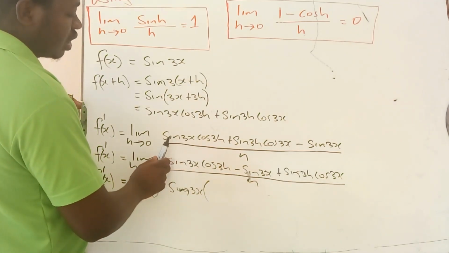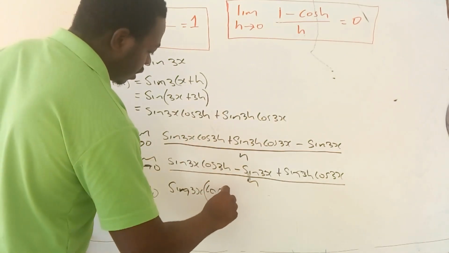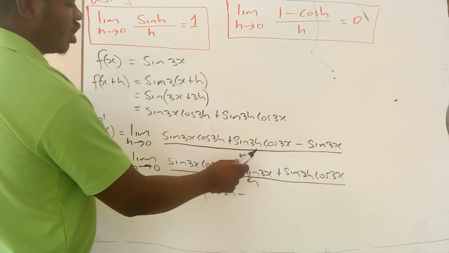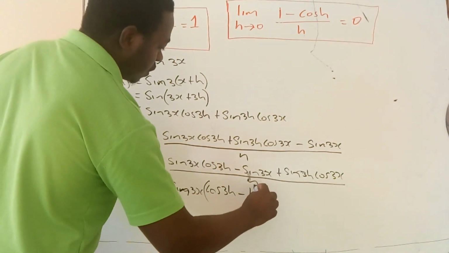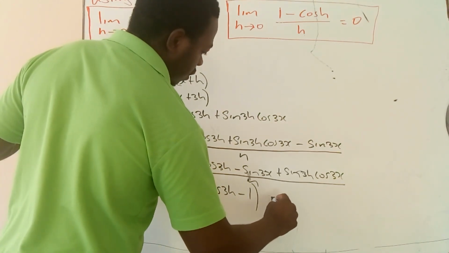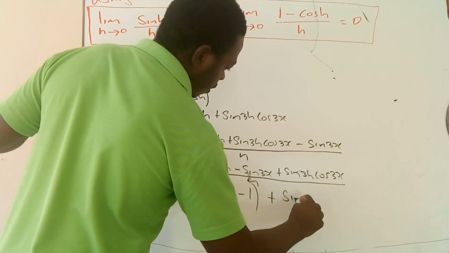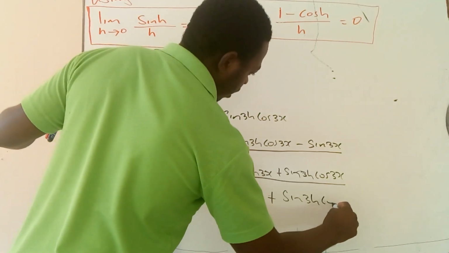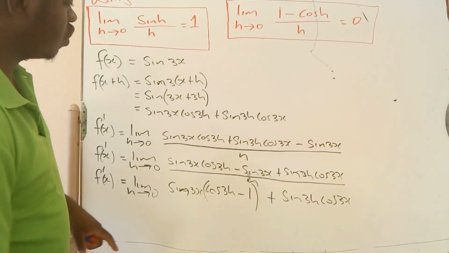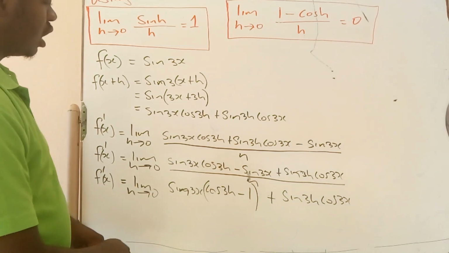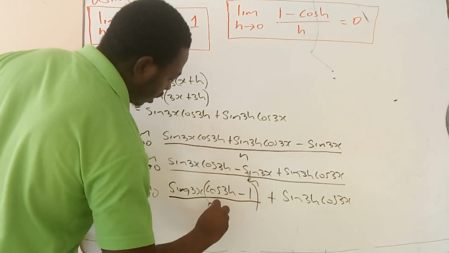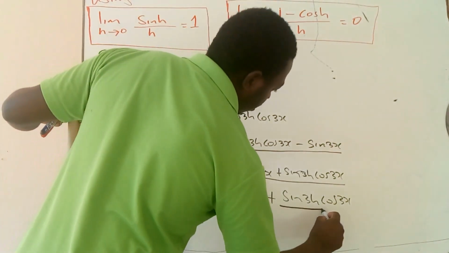You factor out sine 3x out of the first term, you are left with cos 3h minus, factor out sine 3x out of sine 3x, that's just 1. Close your bracket. Plus sine 3h cos 3x. What I am going to do, instead of just drawing one straight line and putting h, I'm just going to split it from here. So I'm going to put this over h, since they are the same thing, and put this side over h.